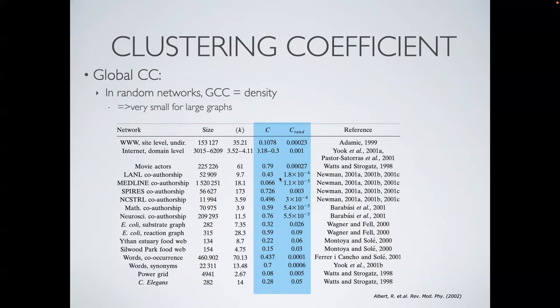So this is a property, as I said, of many networks in which it tends to create triangles, for several possible reasons that we will introduce in the class. But one can be, for instance, a spatial organization. So people are connected because they live close to each other, for instance.